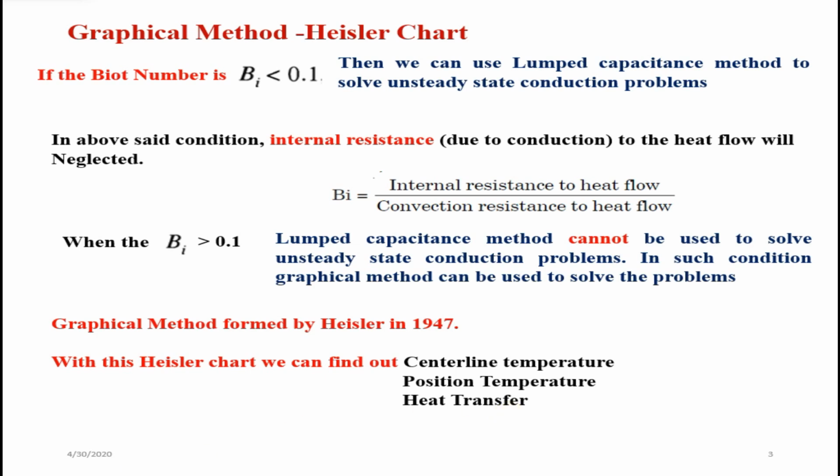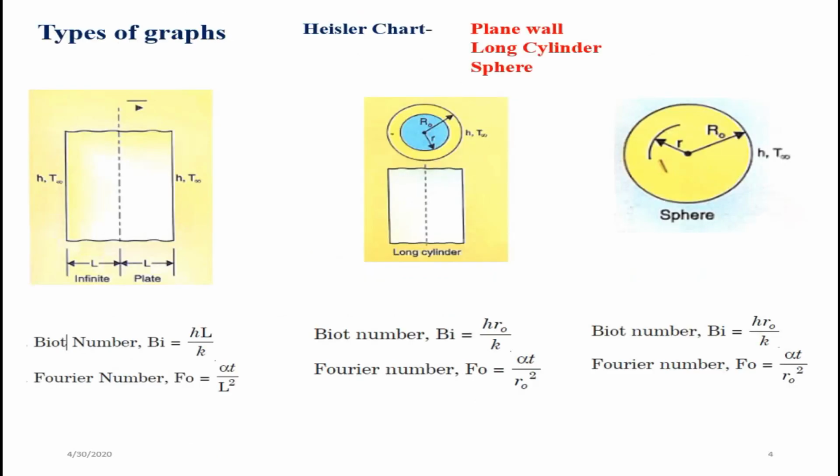Now we will see the types of graphs available based on three different infinite solids. First is the plane wall, second is the long cylinder, and third is the sphere. Here, for the infinite plane, the Biot number Bi is equal to hL by k.